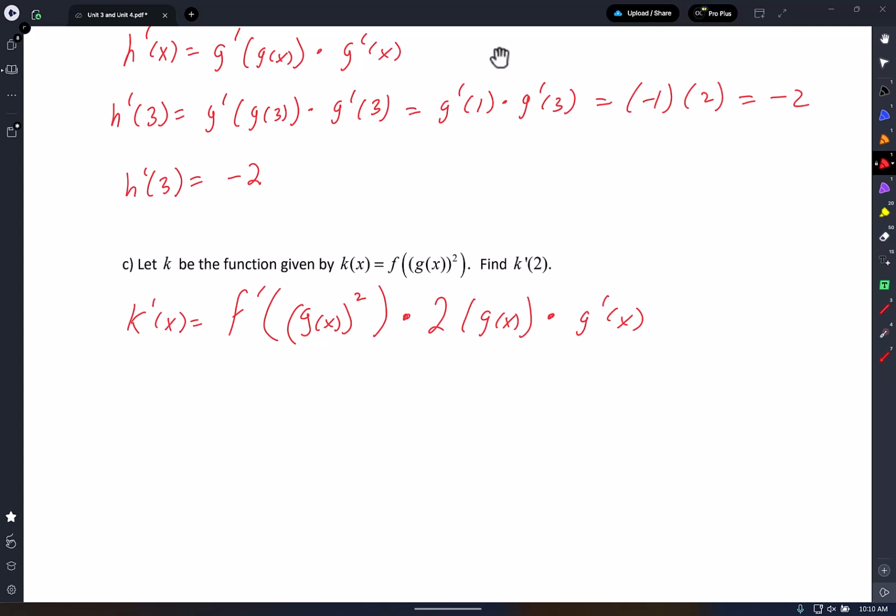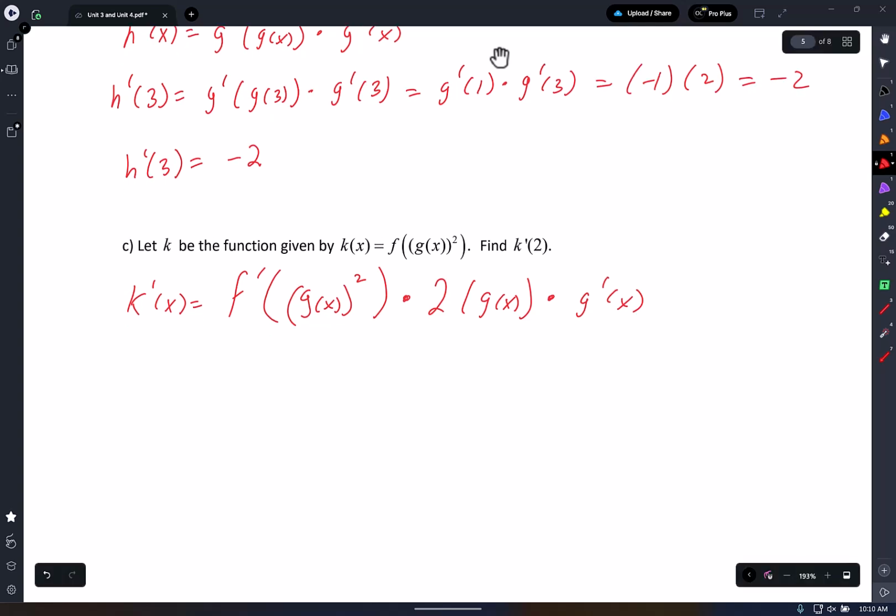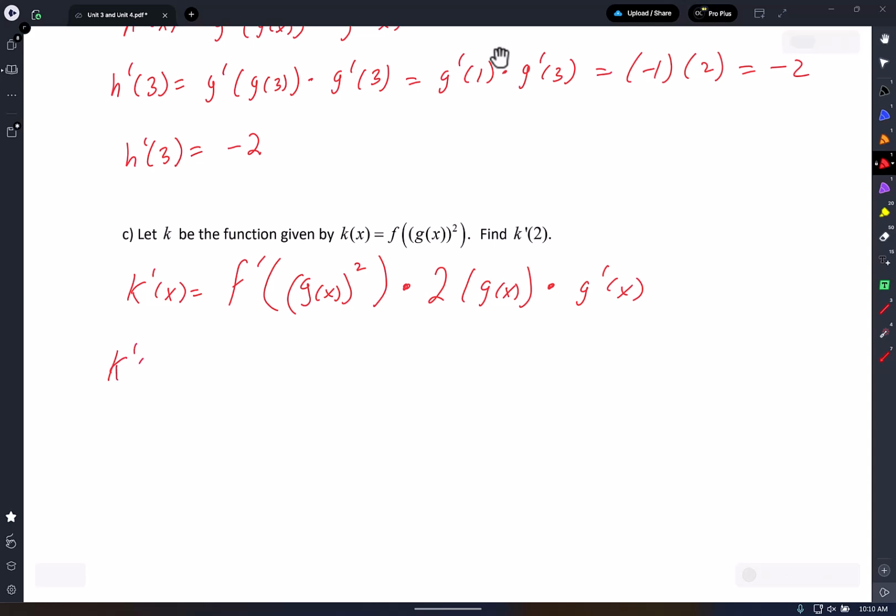Whew, that was a pickle. So we're going to go ahead and plug in a 2, guys. K prime of 2 equals f prime of g of 2, close, squared, close it, times 2 times g of 2, close that, times g prime of 2.